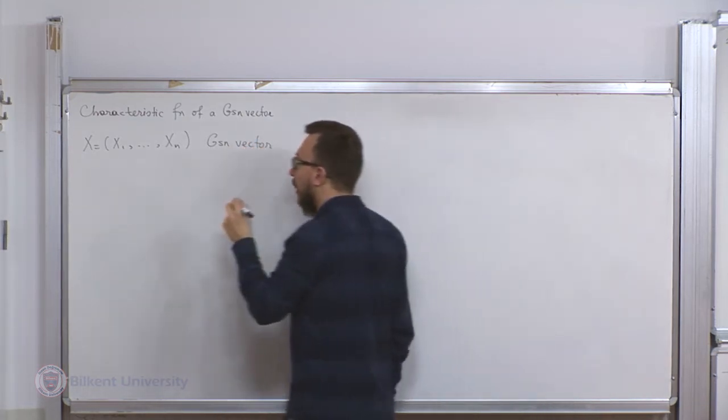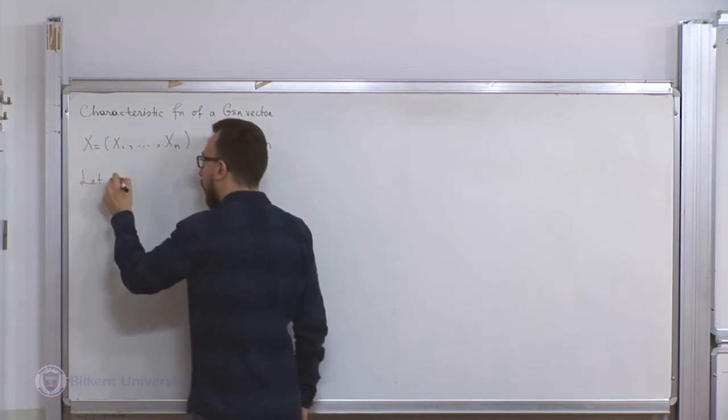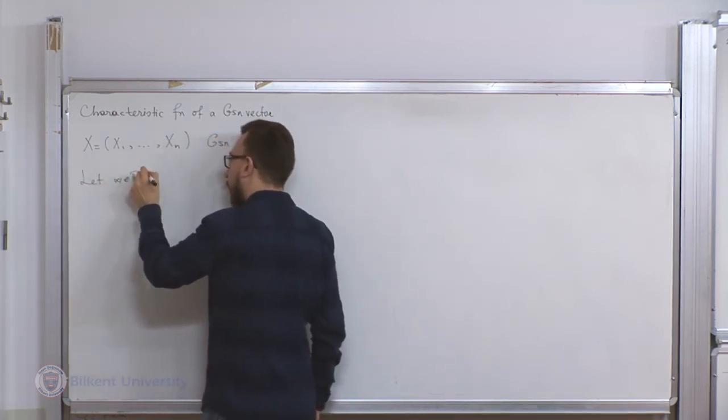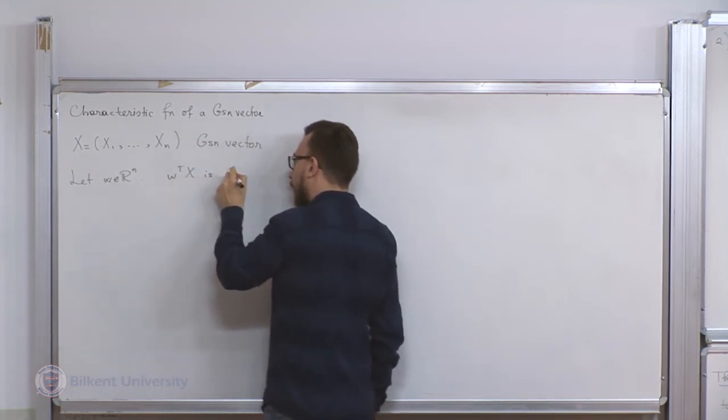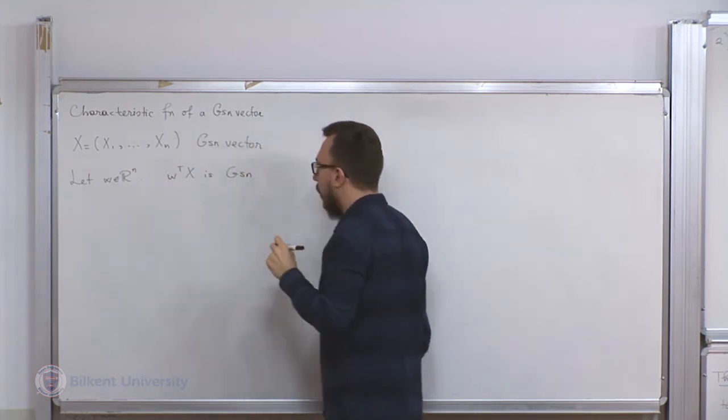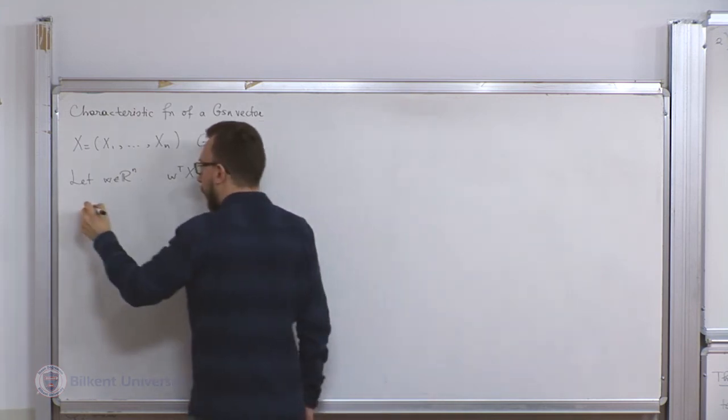This means when I pick my weight vector W and look at this weighted sum, this is Gaussian. What is the mean of it?